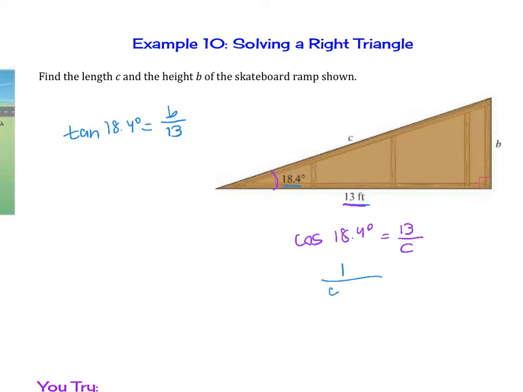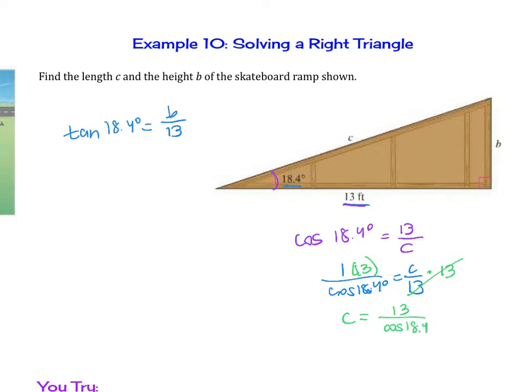Let's say it's 1 over cosine of 18.4 degrees, then flip over the right side, so that's c over 13. Now to solve, let's multiply both sides by 13. So to solve for c, you're going to do 13 over cosine of 18.4 degrees.